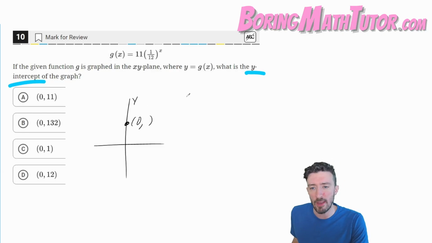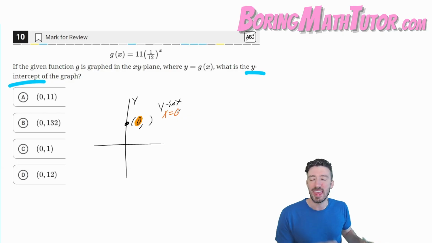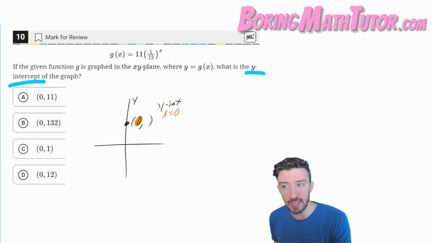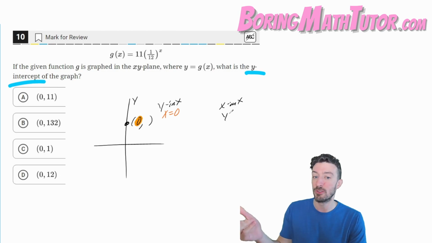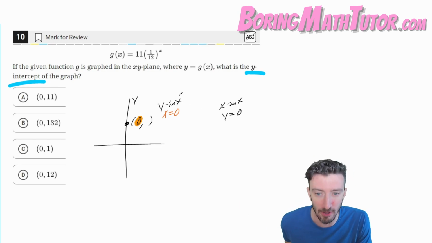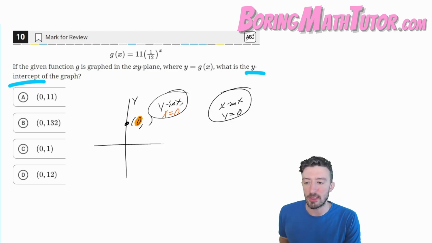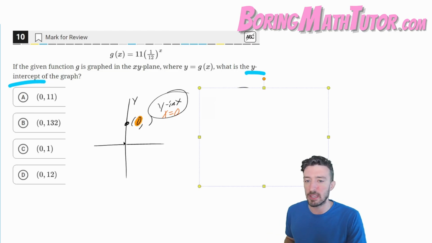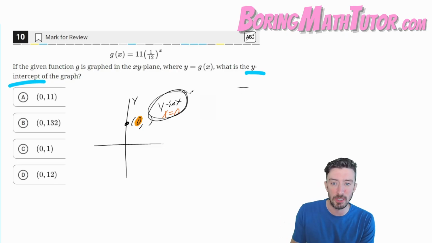So when you have a y-intercept, it's always true that your x will equal 0. That's the key. By the way, in case you ever are asked for an x-intercept, your y will be 0. Kind of a vice versa thing going on over there. So anyway, the thing we need to focus on is simply y-intercept means x equals 0.